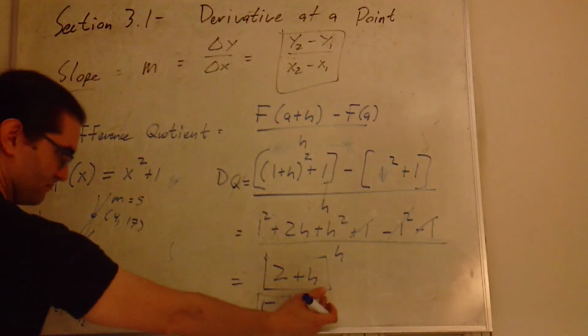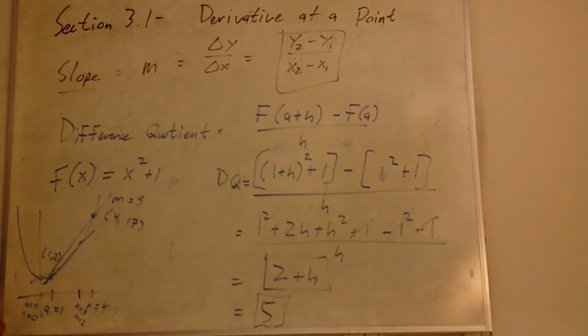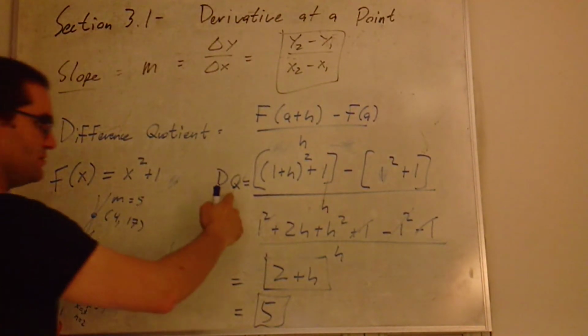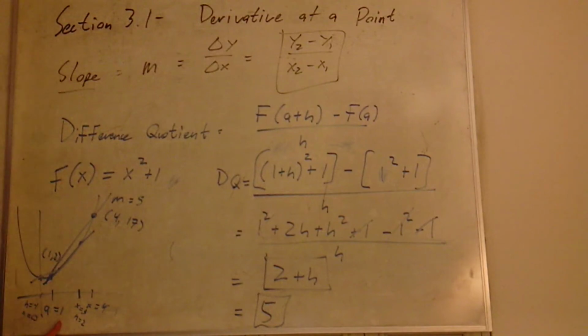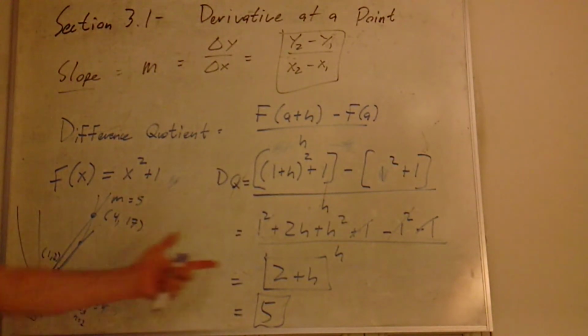I can just plug h equals -1 into this and get that slope as well. From the point a equals 1, I can use this difference quotient I found to find the slope between this and any other number. So that's kind of handy.